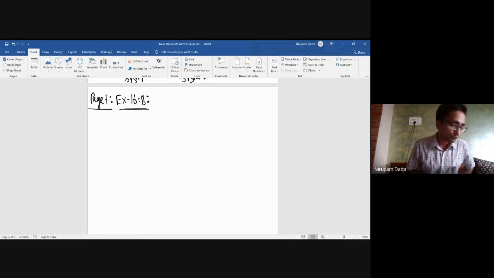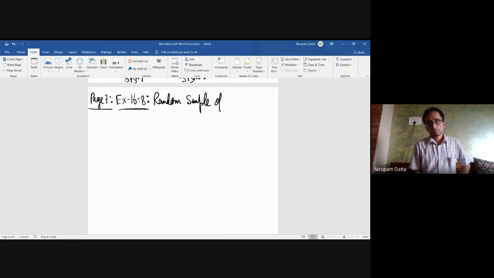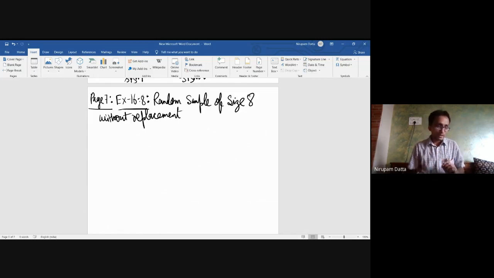So, simple random sample without replacement. Now we have a random sample of size 8 without replacement.